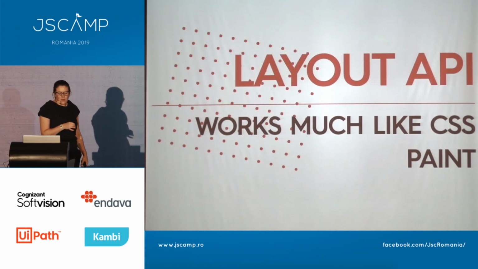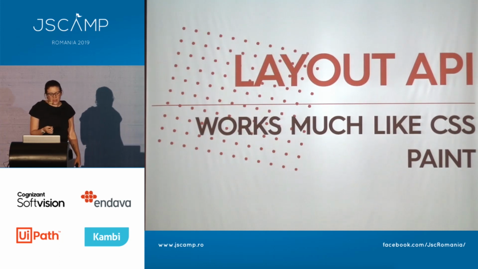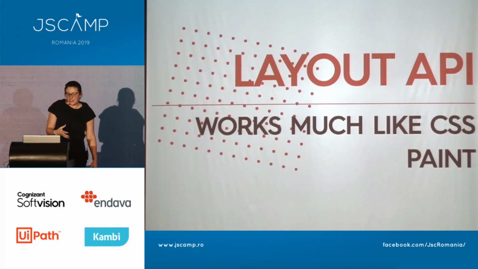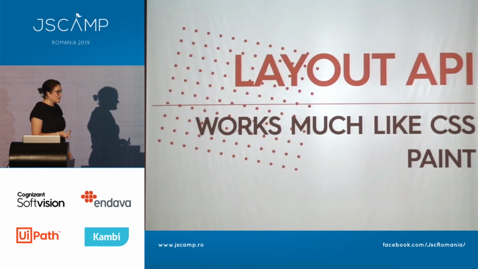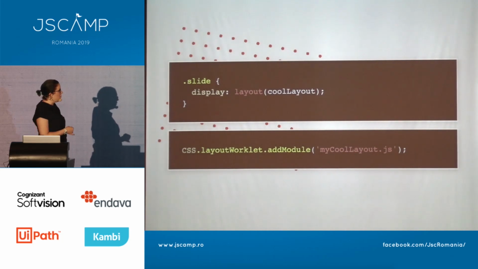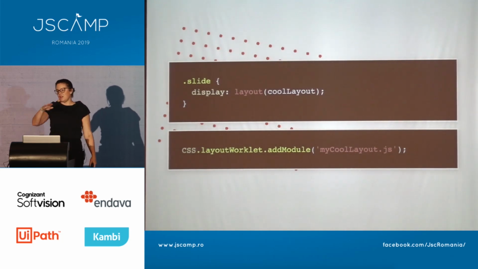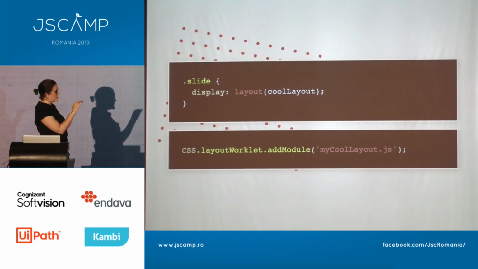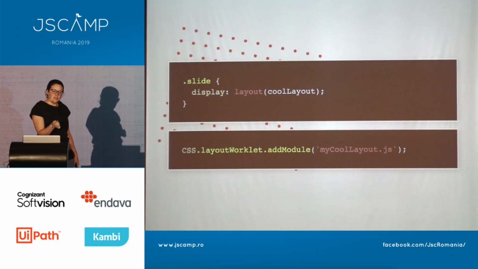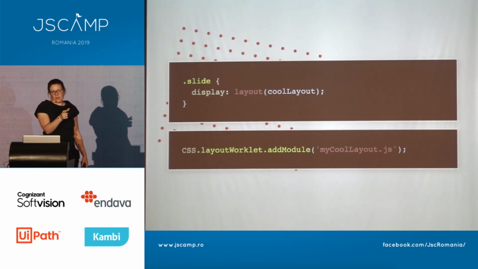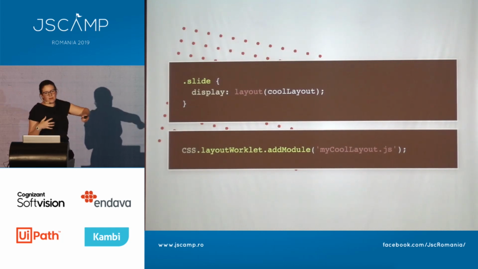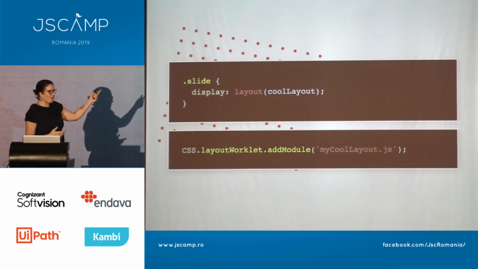The layout API works a lot like the CSS Paint API. You register a layout worklet, and it gives you access to layout features of that element and its child elements. Instead of using it wherever you use an image, you use it on the display property in your CSS. You call the layout function, not the paint function, and that's where you reference your layout worklet.